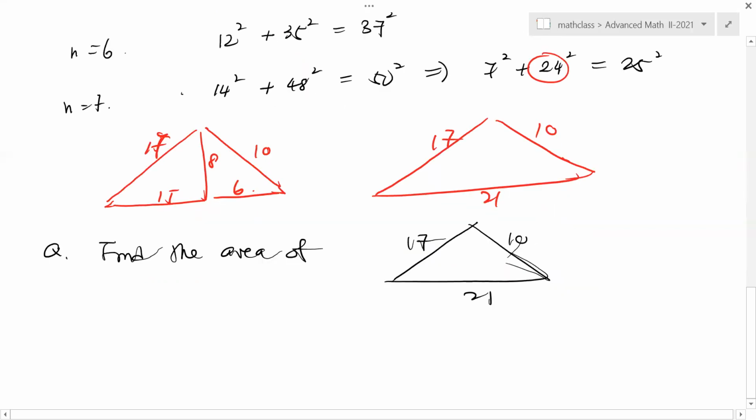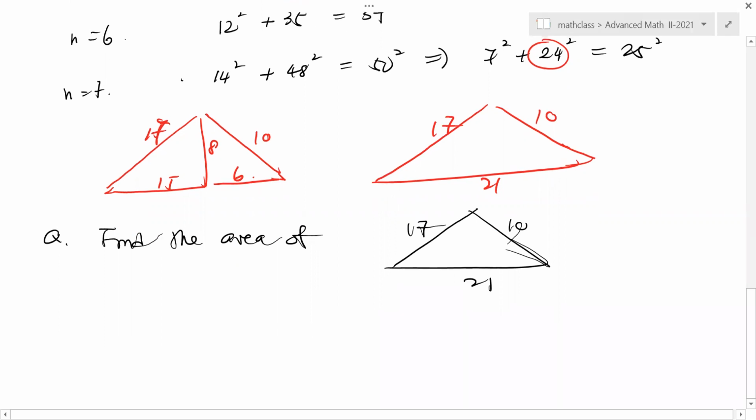Now, if you did not recognize this consists of two triangles, then it's not easy to find the area. You have to use Pythagorean or Heron's formula, or you try to find the height.